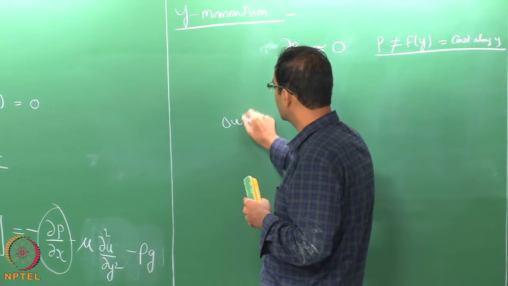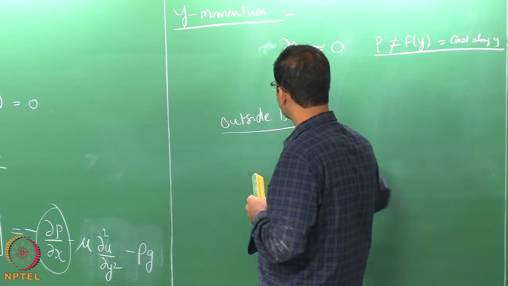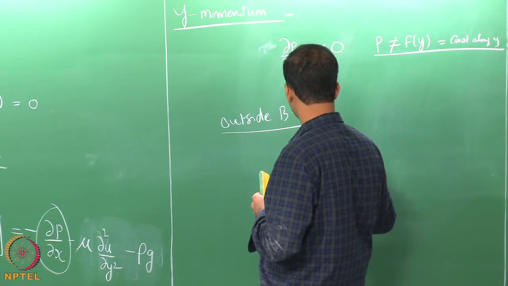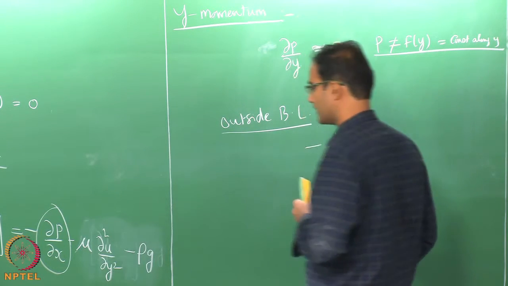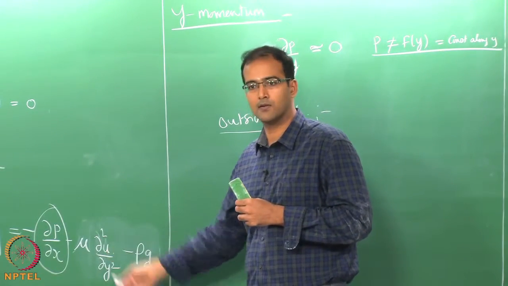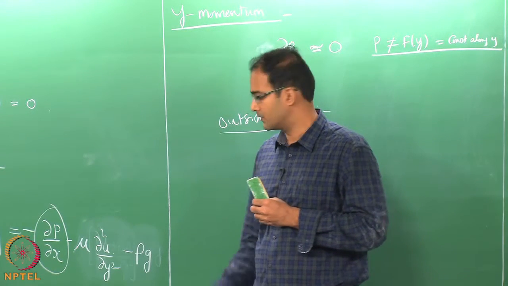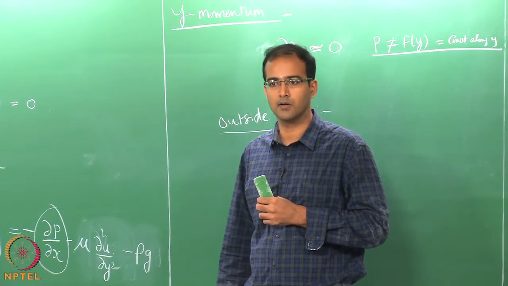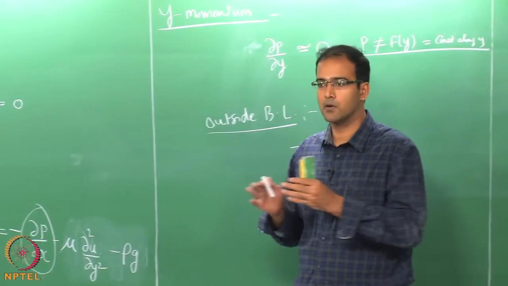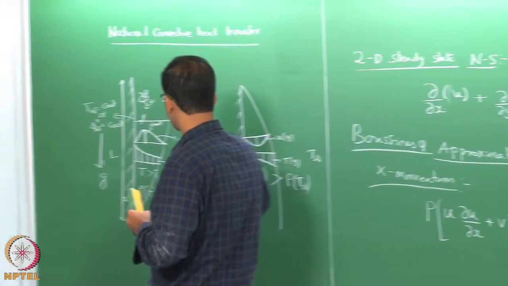If you write the momentum equation outside the boundary layer, you end up with minus dP by dx, and then what else? You do not have an advection term, you do not have any diffusion term outside, there is no viscosity, but you have body force. We will distinguish the density within the boundary layer from outside, so we will express the density here as rho infinity.